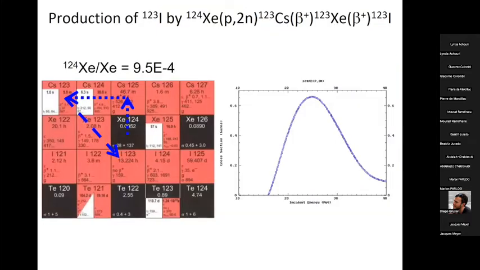Now, how is iodine-123 produced? You start with a xenon-124 target. You make a p,2n reaction, and then you let it decay to iodine. And then you can chemically easily separate the iodine from xenon. There's only one problem, and that is the very low isotopic abundance of xenon.